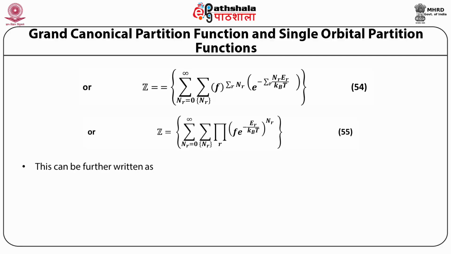This can be further written as Z is equal to the product over r of the summation over n_r = 0 to infinity of (fugacity multiplied by e^{-ε_r/k_BT}) whole raised to power n_r.